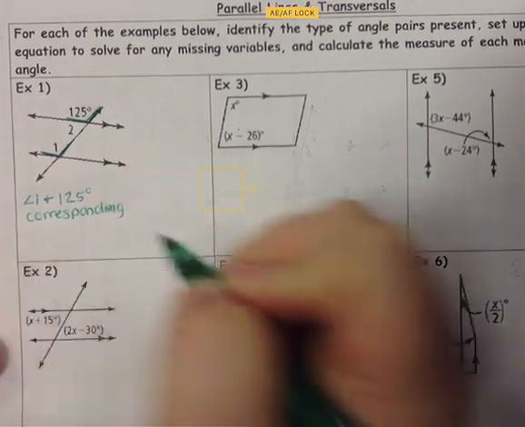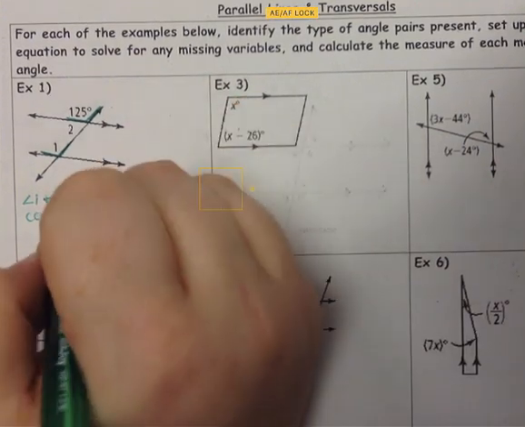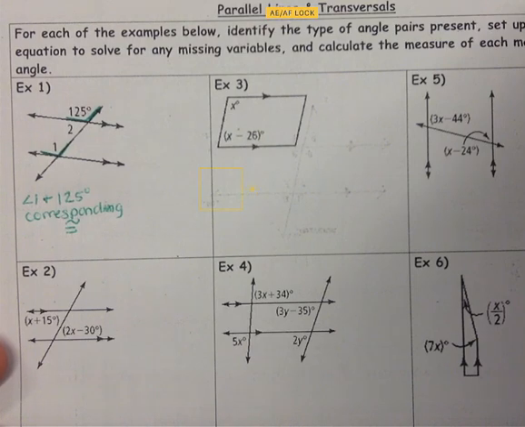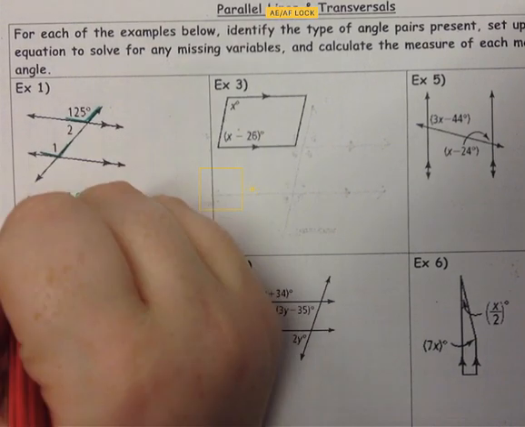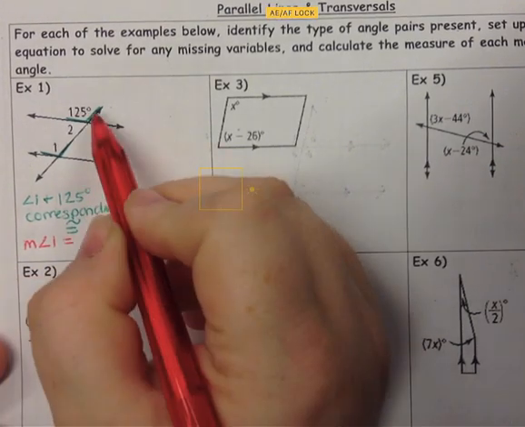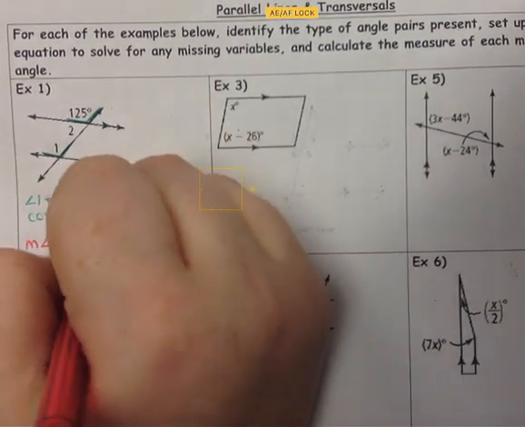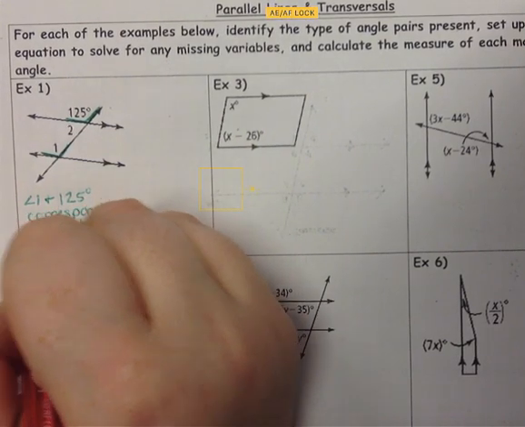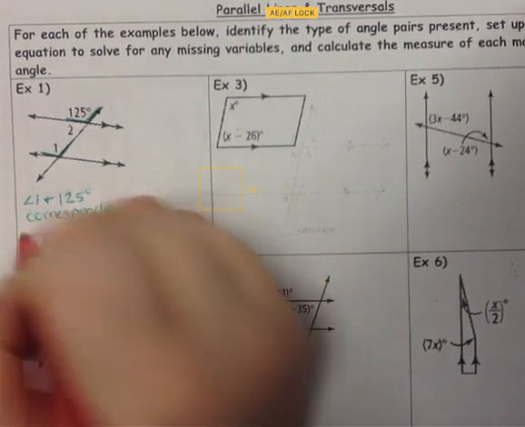And the numerical relationship between corresponding angles is that they are congruent. So if they are congruent, that tells us that the measure of angle 1 is equal to 125 degrees, because they have to be the same degree. That's our first missing angle.